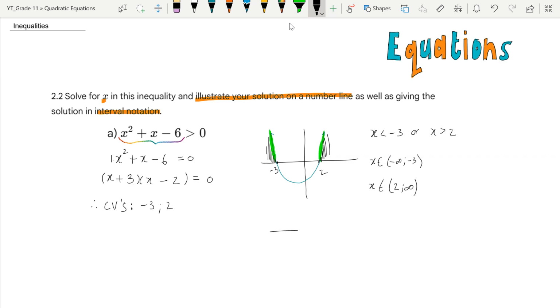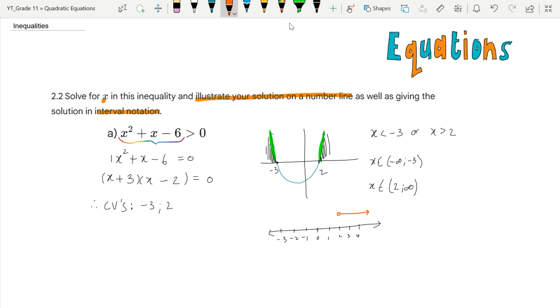They also want us to go illustrate this on a number line. So if there is our number line, 0 is somewhere there, 1, 2, 3, 4, and then -1, -2, -3. So if we illustrate it on there, 2 is over there, x will be bigger than 2, so it would look something like that.